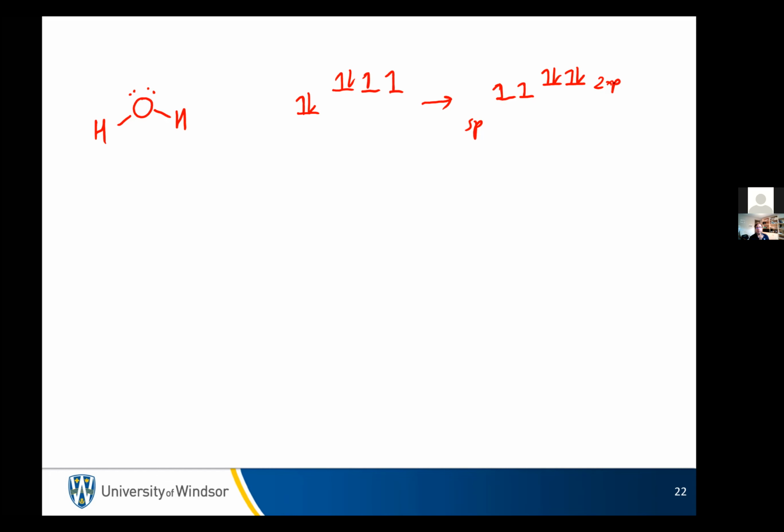So the lone pairs need to be in a p orbital. But that means you've got 2 electrons in a very high energy orbital. That doesn't seem great. Whereas if it goes sp3, oops, what I drew there is not physically possible.